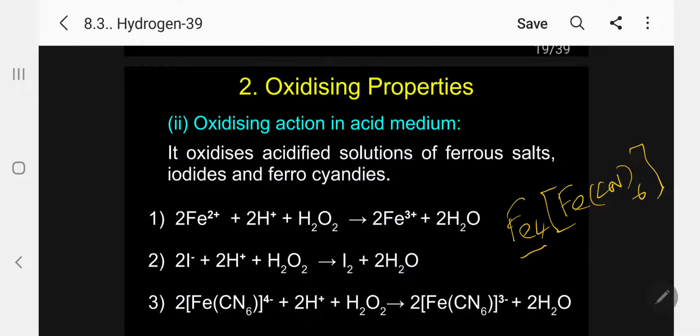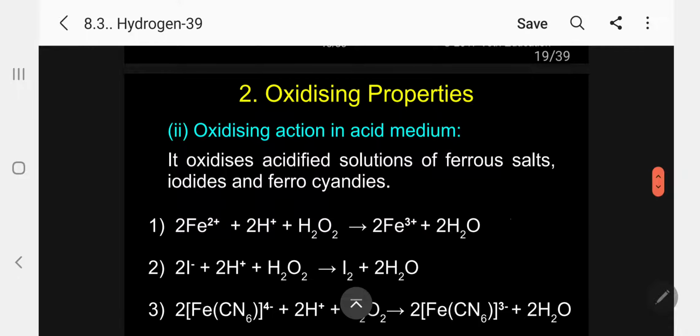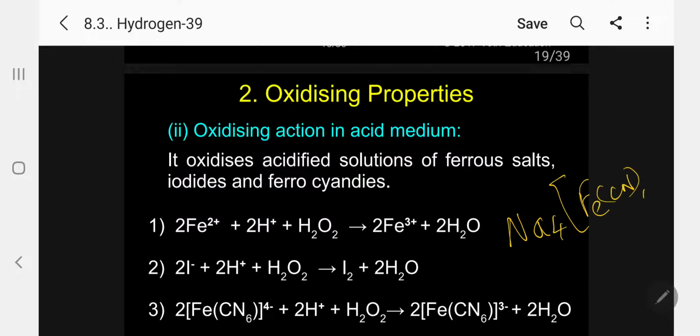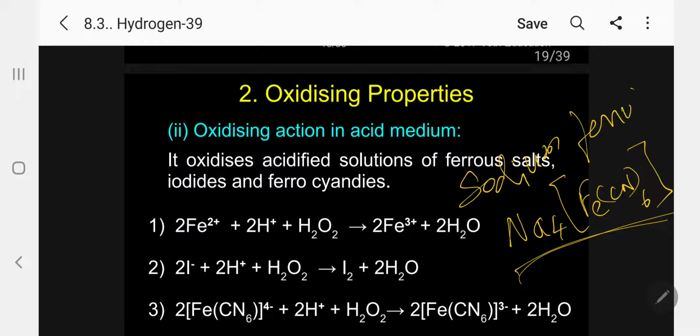So I can say ferrocyanide, I can use, let me use now sodium ferrocyanide, Na4[Fe(CN)6]. So this compound I will take. This is called sodium ferrocyanide. Kindly follow. So 6 minus, there should be here 4 sodium. So automatically what you have to think of?